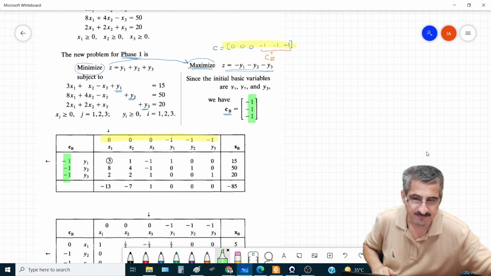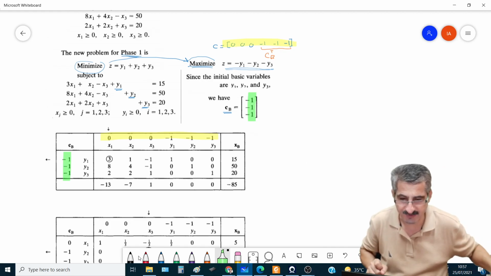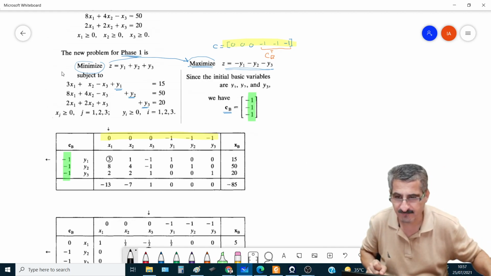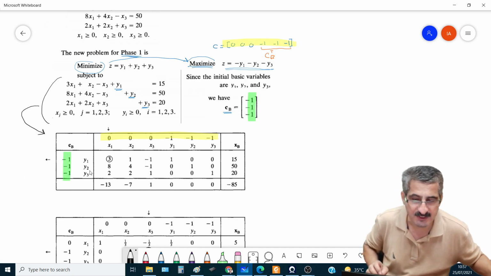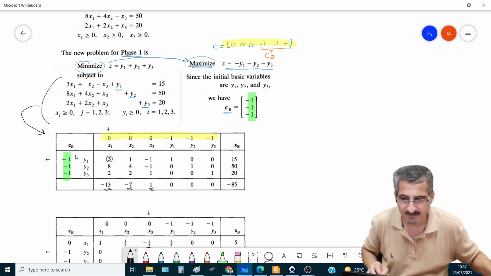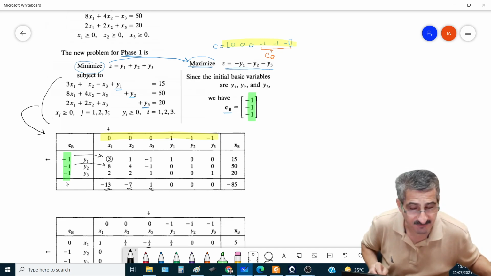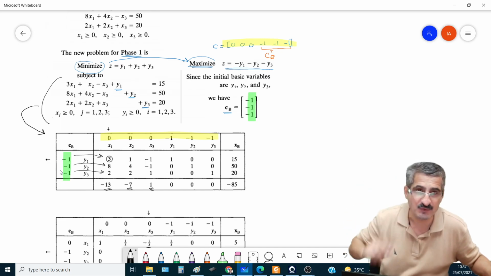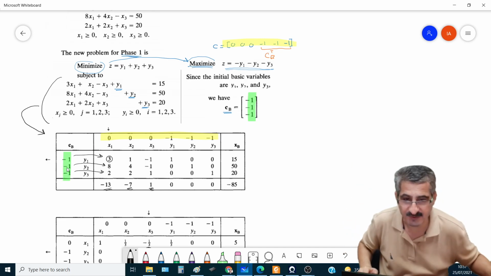Okay, and you know we got this table from this. How we obtained this: multiply this by that, -3, -8, -2, this is -13, -0. Good.